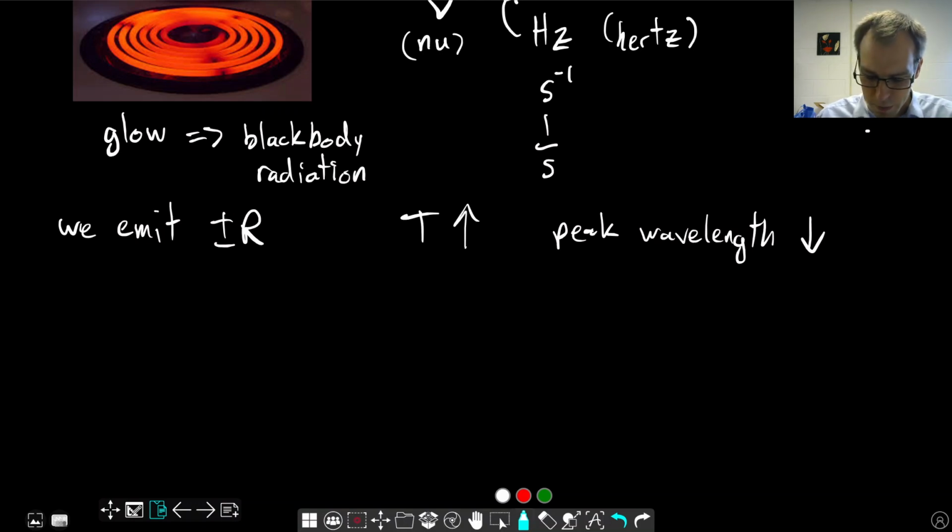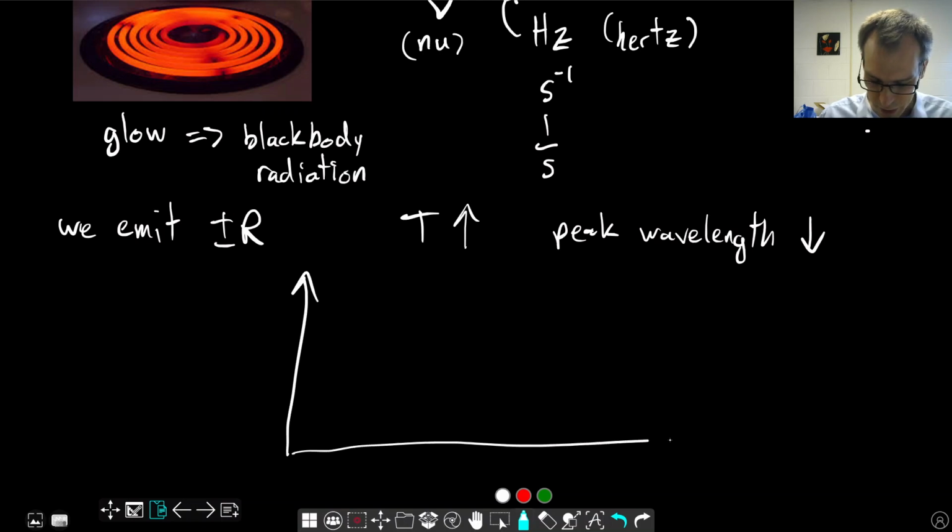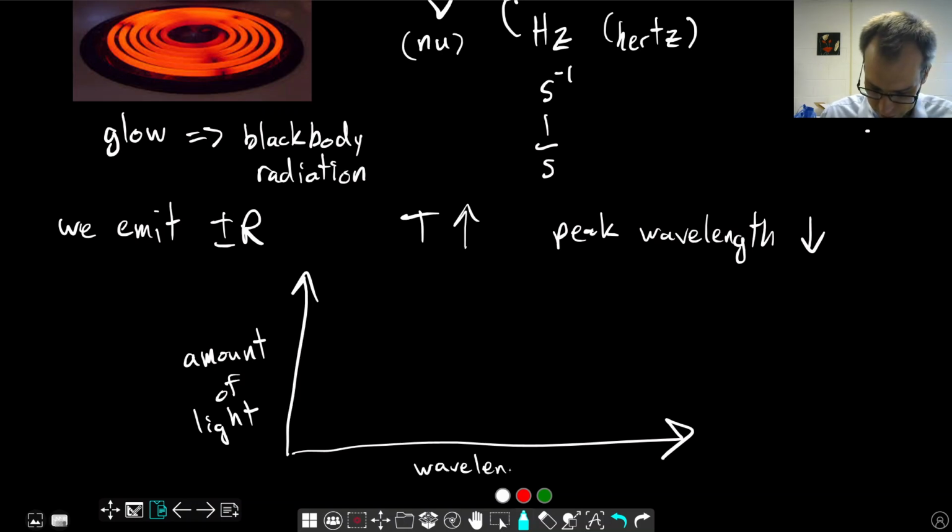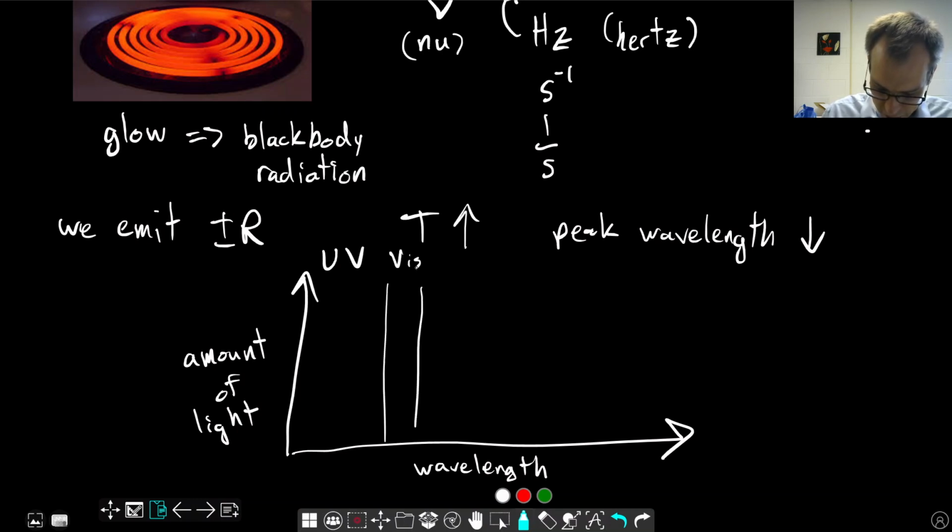or roughly 37 Celsius on our skin, a little bit lower than that. But if we plot this, I'm going to draw a crude sketch here. If we plot blackbody radiation, what we're often looking at is the amount of light on the y-axis and the wavelength on the x-axis. We can plot this for different temperatures, and we'll have basically UV here, visible light here, and then infrared light here.